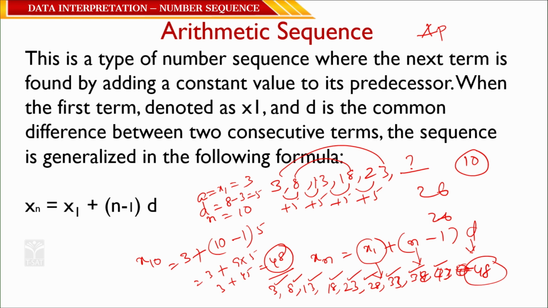So, the 10th term is 48, which means when you write by adding 5 also you get the same.